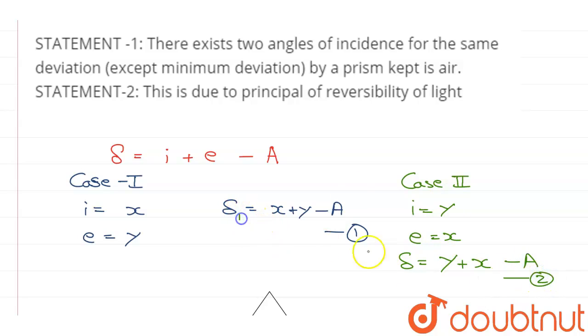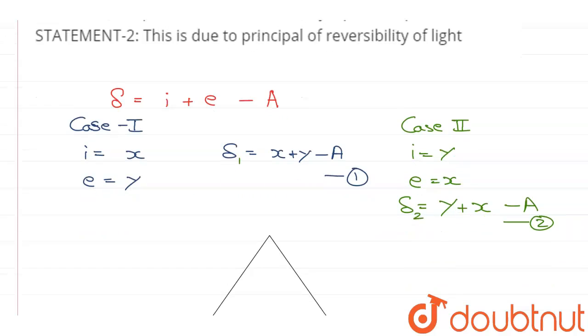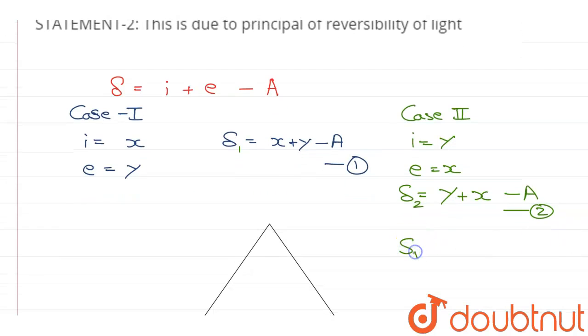If this was delta 1 and if this was delta 2, then from 1 and 2 we can see that delta 1 is equal to delta 2. That means I can find the same angle of deviation for two different angles of incidence.